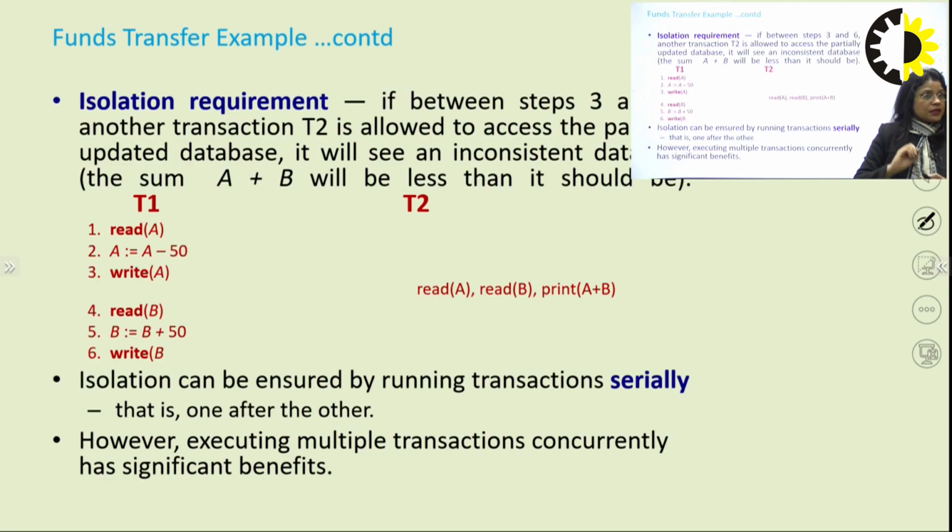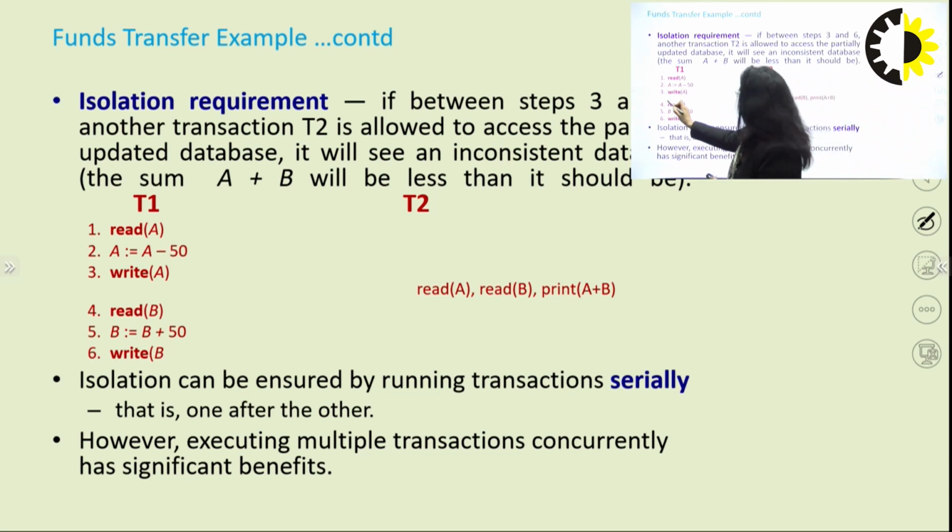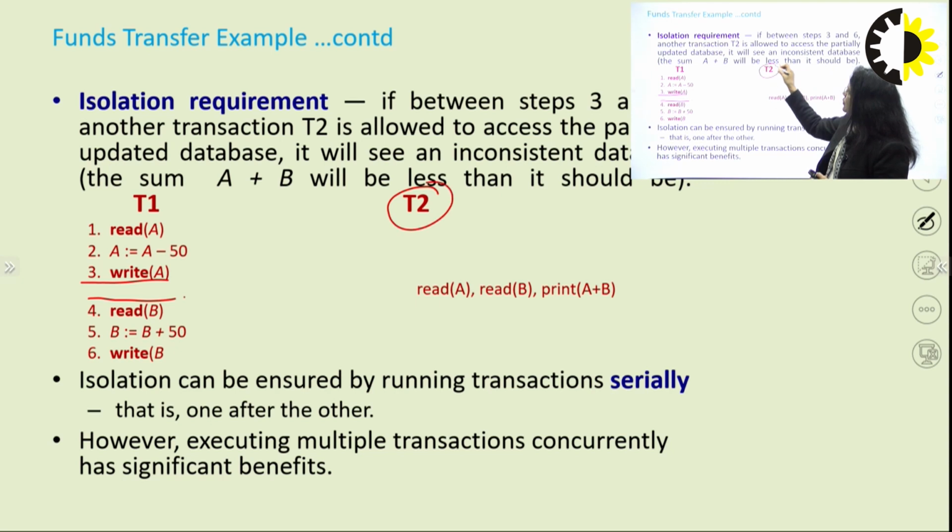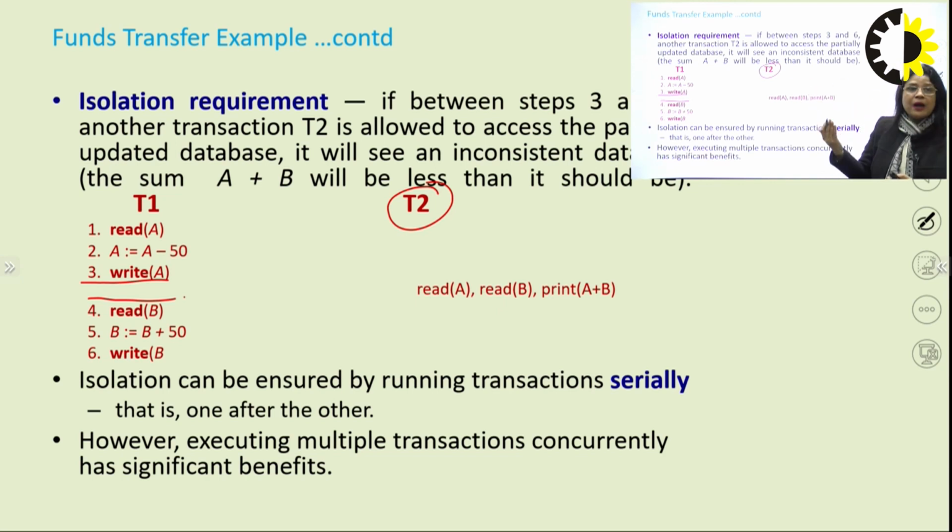Now, what is the other requirement? The other requirement is isolation. If between step 3 and 6, transaction T2 is executed and it is allowed to access the partially updated database, T2 accessed the partially updated database.